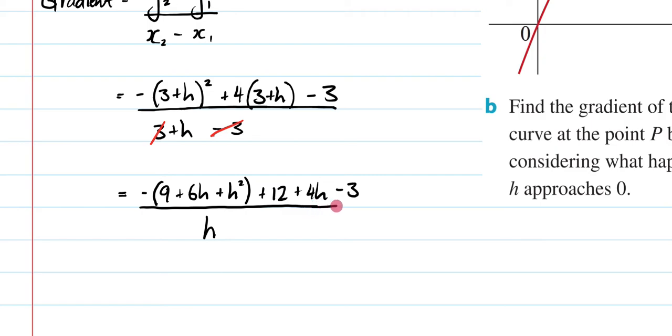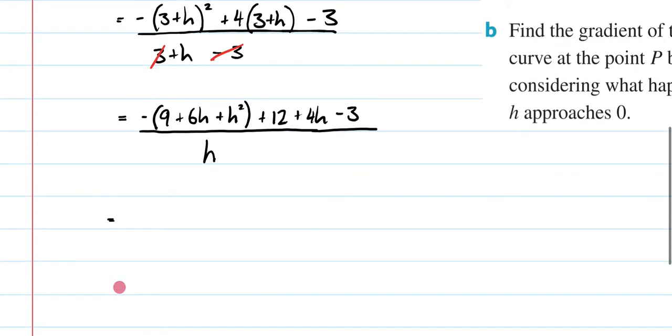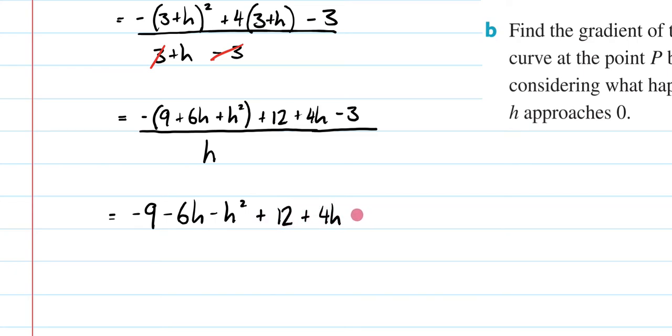Then I'm going to keep on going. This is going to be negative 9 minus 6h minus h squared plus 12 plus 4h minus 3, and that's going to be divided by h. Now I have to collect some like terms.